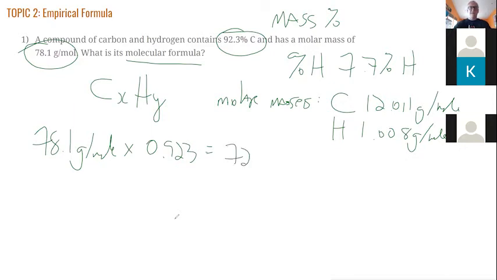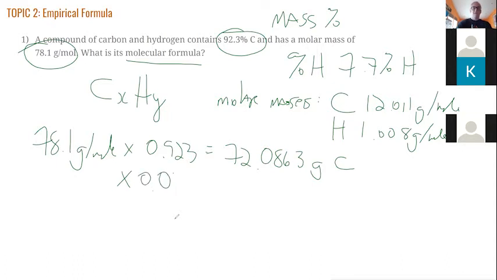72.0863 grams. So in 1 mole, we've got 72.0863 grams of carbon. So how do we figure out what the mass of the hydrogen is? You do 78.1 times 7.7. Yeah, same number times 0.077.